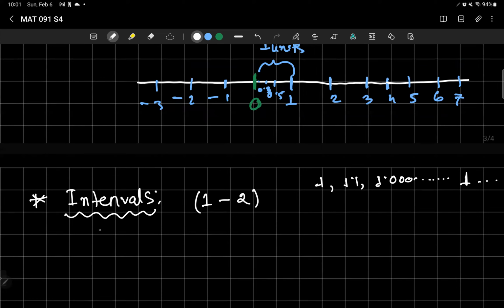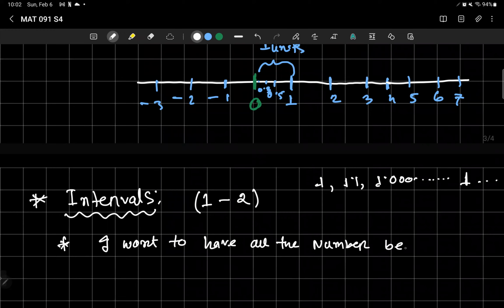We express this in terms of intervals. I want an interval on the real number line that will contain 1 and 2 and all the numbers in between, such that 1 and 2 are contained in that set.